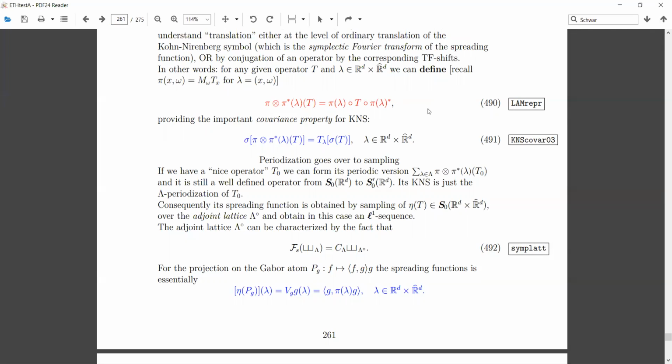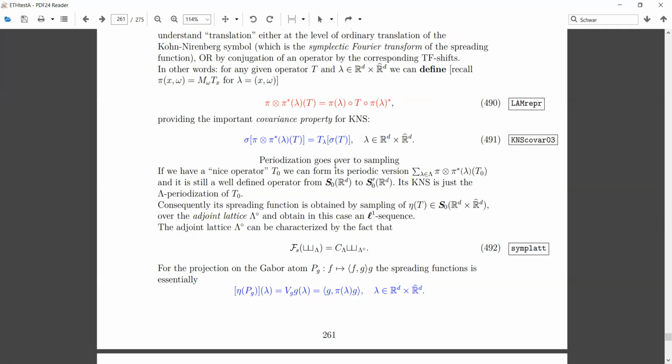So let's say it once more. We know that if you shift a function on the time side, it results in a modulation with the conjugate frequency on the Fourier transform side. And if you multiply with a pure frequency on the time side, it's a frequency shift, so it goes to a shift in the frequency domain.